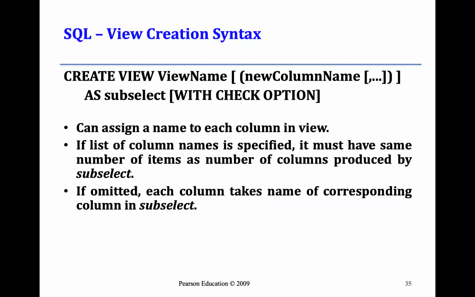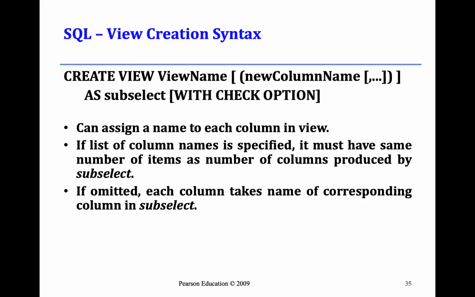Okay, so the view creation syntax, you've pretty much seen everything. The only thing you haven't seen is this with check option. And the with check option comes into play when you are going to try to update the view itself.